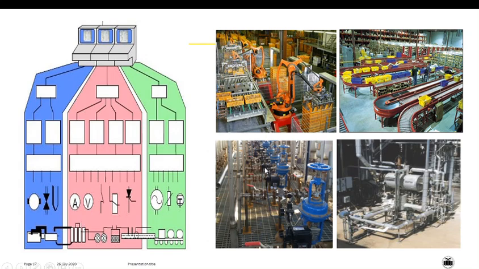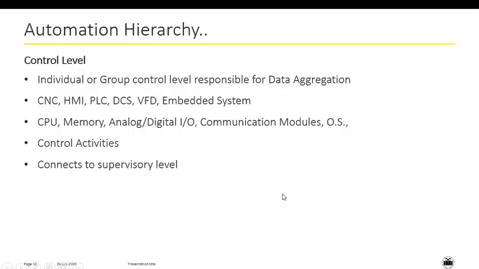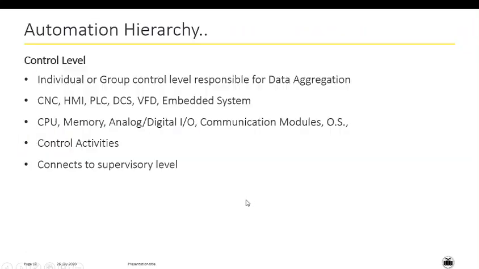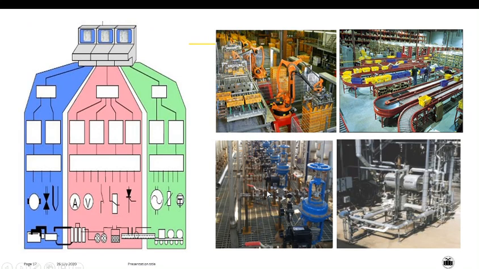Now we will see how the field level is actually involved in industry. This kind of flow and pressure can be monitored. Over here different kinds of sensors are mounted, and these sensors are connected to the control level through wiring. This is one kind of plant where various sensors are mounted, and the output is given to the control level.